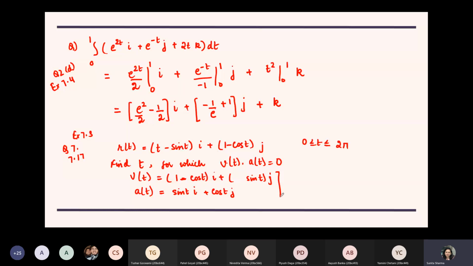Okay. Now take their dot product. So for the dot product, you multiply i component with i component, add it to j with j. Multiply j component with j component and then add. So when I multiply this with this, I'll get sin t minus sin t cos t, and plus sin t cos t.